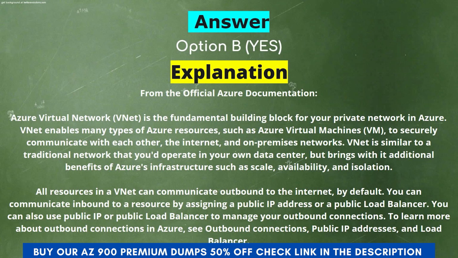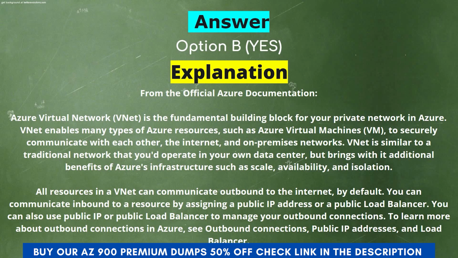VNet enables many types of Azure resources, such as Azure Virtual Machines, to securely communicate with each other, the internet, and on-premises networks. VNet is similar to a traditional network that you would operate in your own data center, but brings with it additional benefits of Azure's infrastructure such as scale, availability, and isolation.